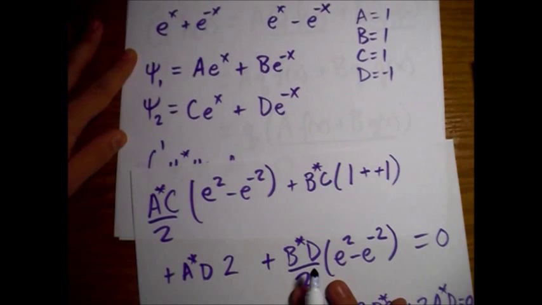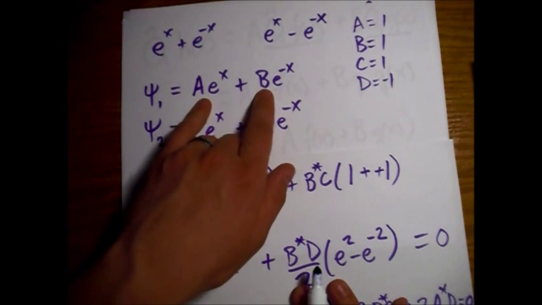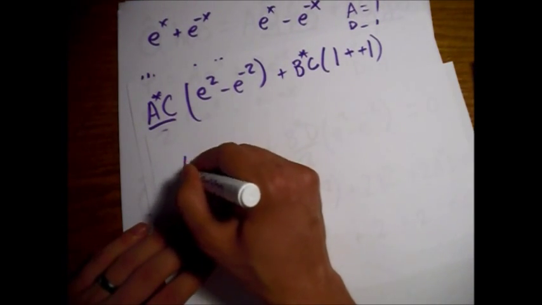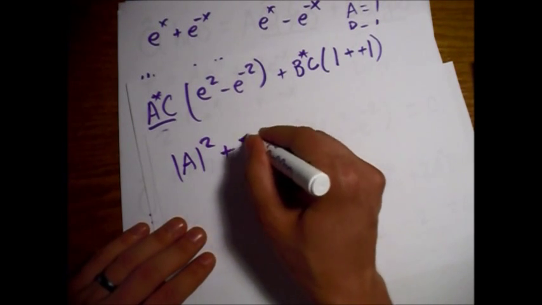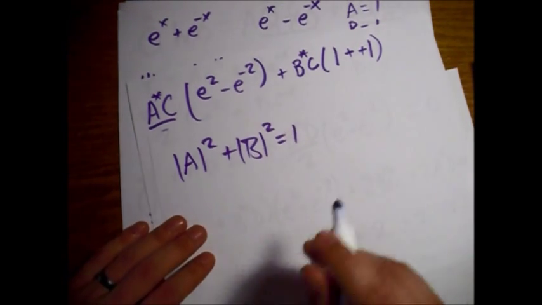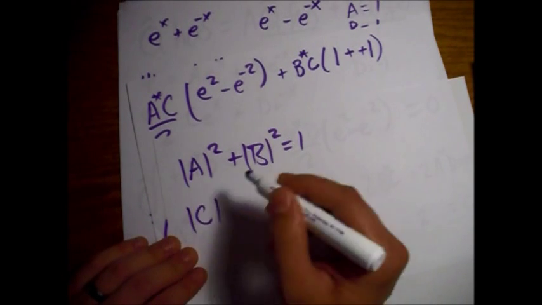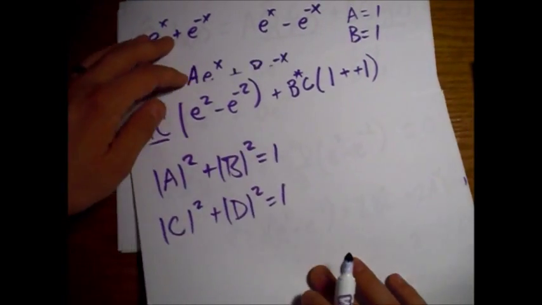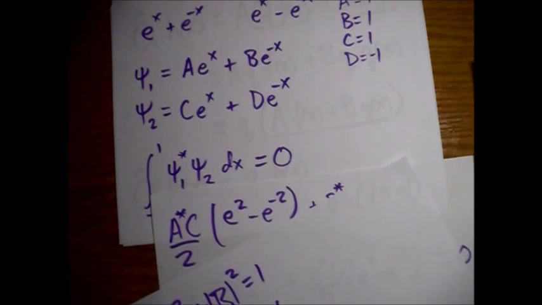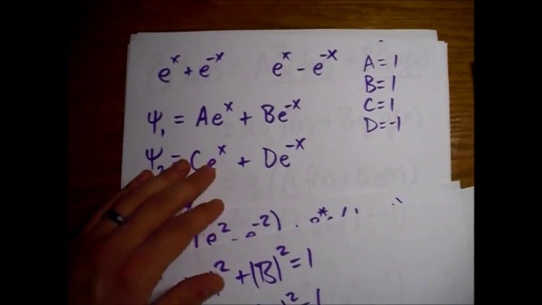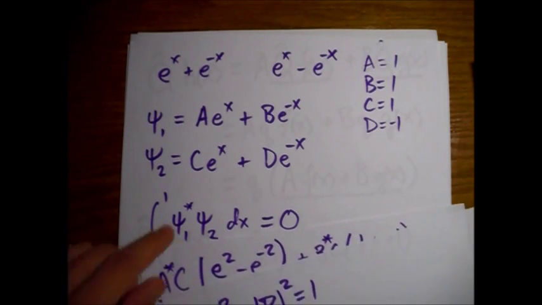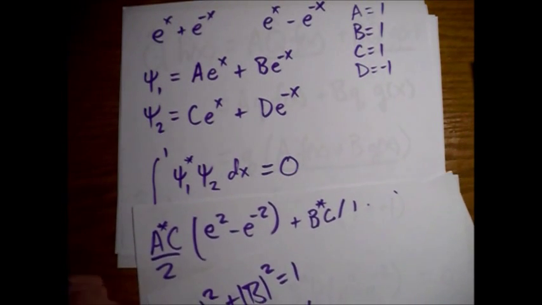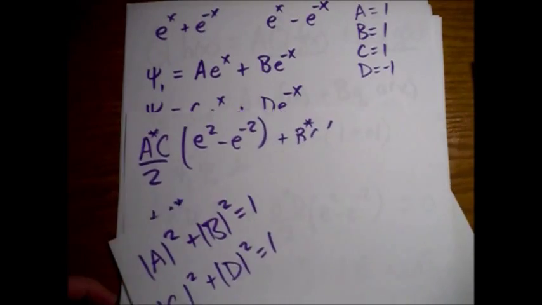Well, for that we want the norm squared of A and B. So basically this A plus B has to be equal to 1, and same for C plus D. Because if you take the inner product of one of these with itself, then you want to get a 1 here instead of a 0. If you take the inner product with the other one, then you want to get 0.